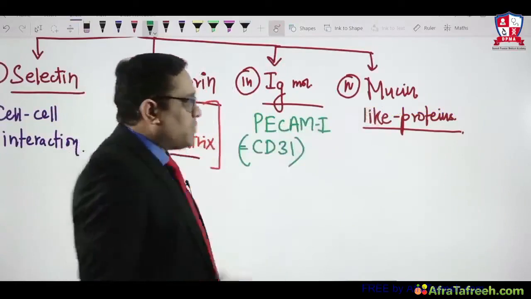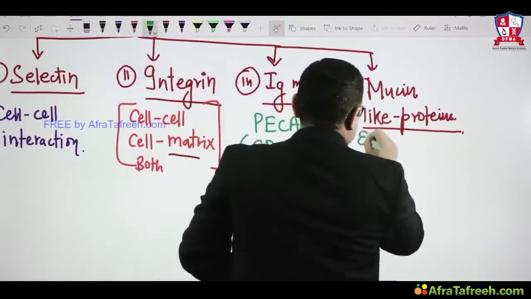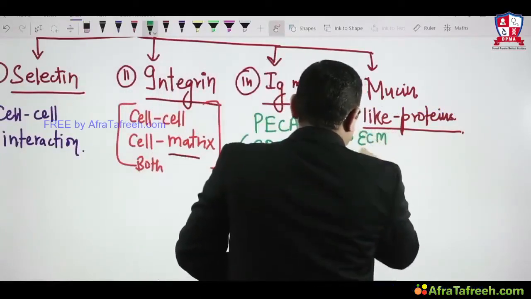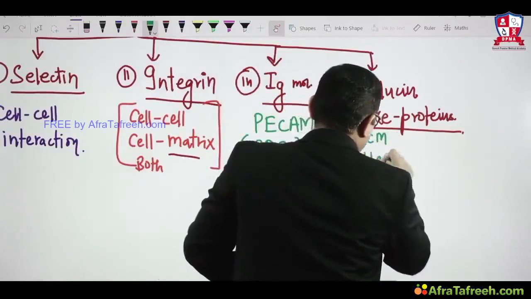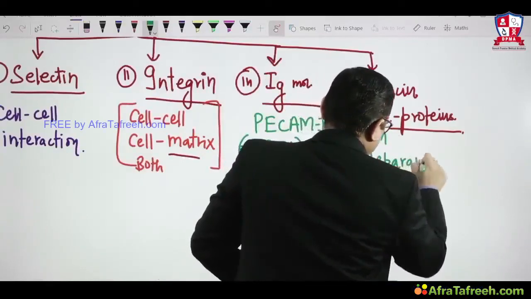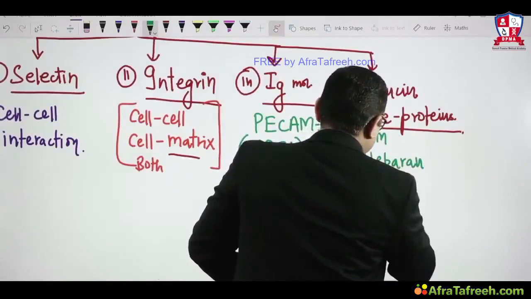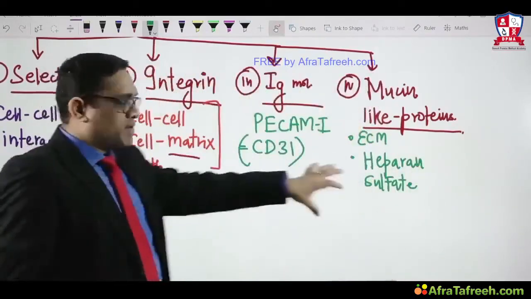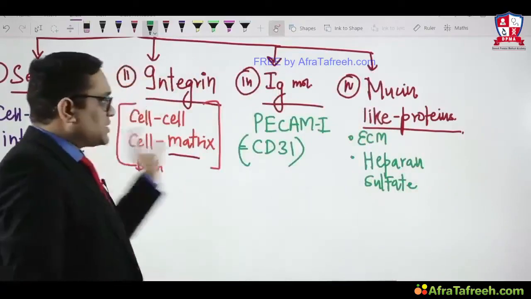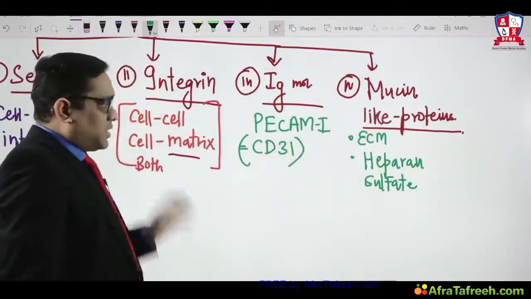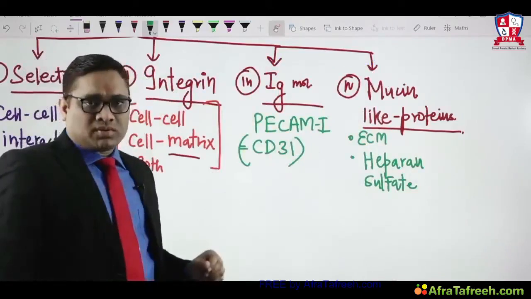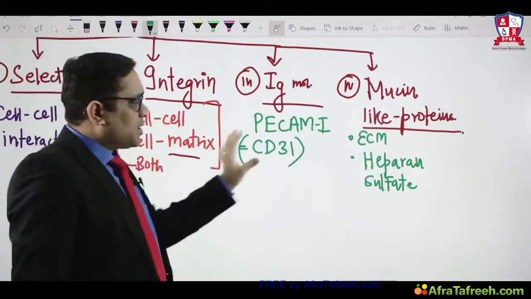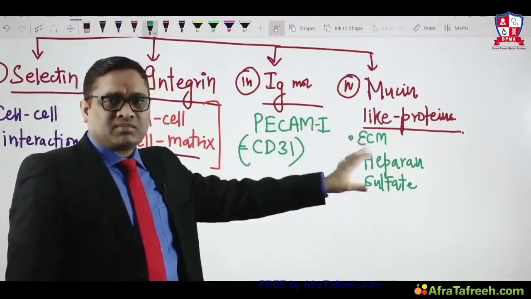Now coming to the fourth one, mucin like proteins, they are usually present in the extracellular matrix, and their member is heparan sulfate. So these are the four important families of adhesion molecules.